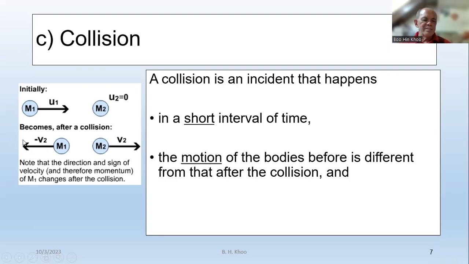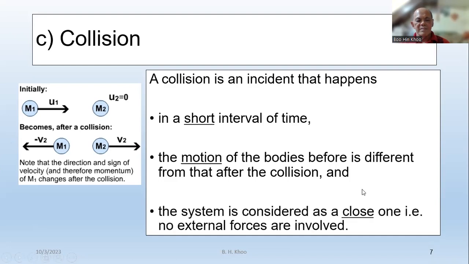I show the opposite direction as negative. Then this one is v2. Remember, momentum is a vector, so here we choose to the right as positive, so to the left is negative. The system is considered a closed one, which means no external force is involved.